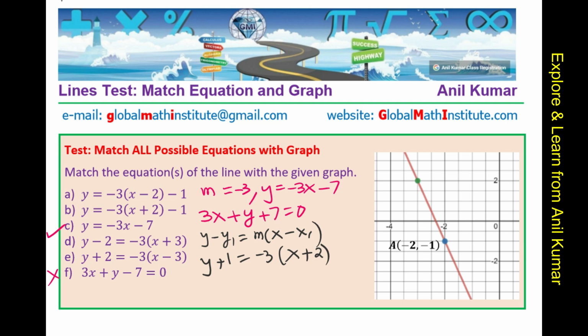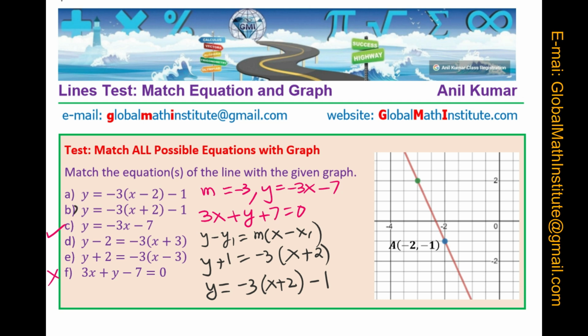So that is another correct equation for us, which you can always rearrange and write as minus 3x plus 2 minus 1. And so we do get one of these equations, which is B, as the correct equation. Do you see that? So we see that B and C for sure are the correct equations.